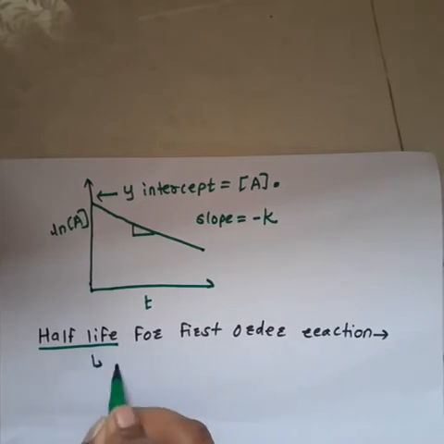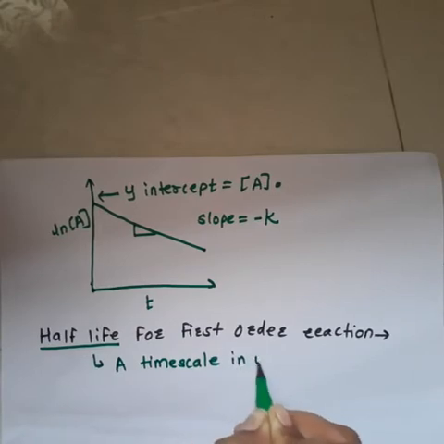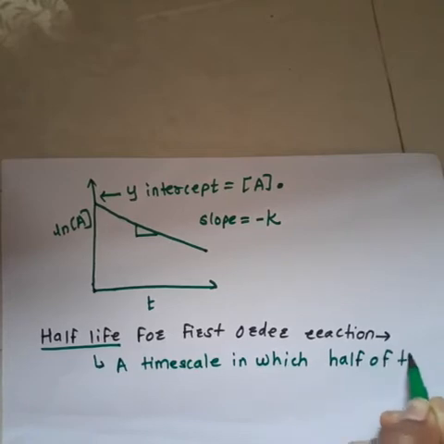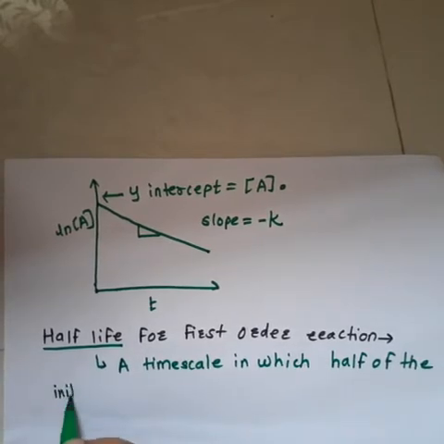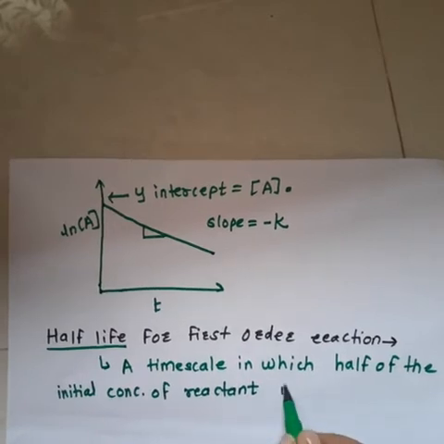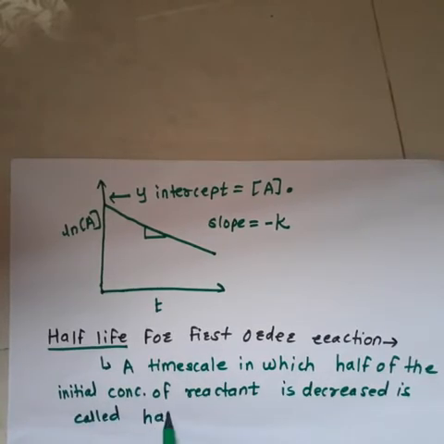Half life is the time scale in which half of the initial concentration of reactant is decreased. Means the time in which half of the initial concentration of reactant is decreased is called half life.